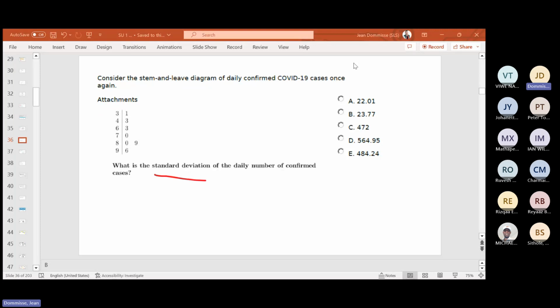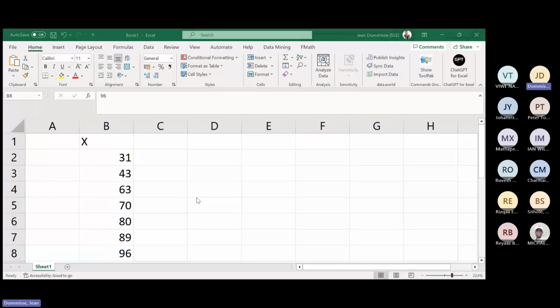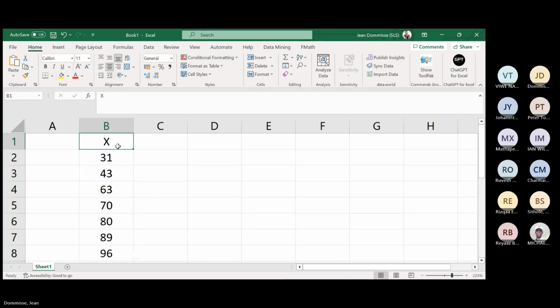Okay, so let me quickly share my Excel spreadsheet with you guys. Okay, so here you will see basically the data. I just normally will call it X or something like that, but here's your 7 numbers, and they ask us to work out standard deviation.